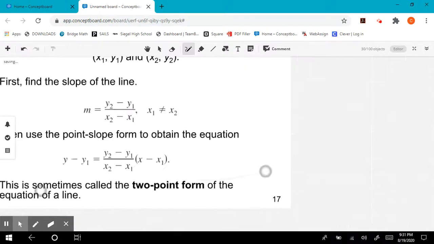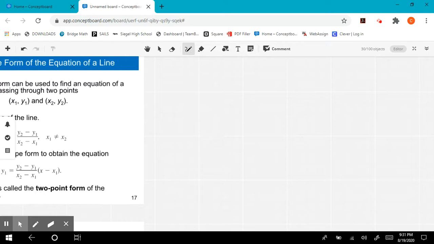So I'm going to slide over here and say, what if we had a line that passes through (3, -4) and (-5, 7)? Write the point slope form of the equation of this line.